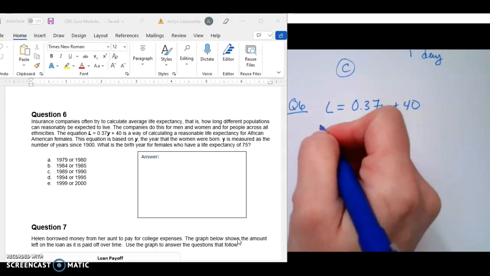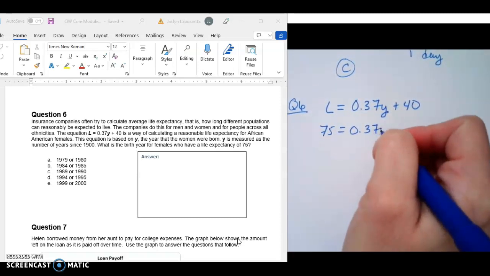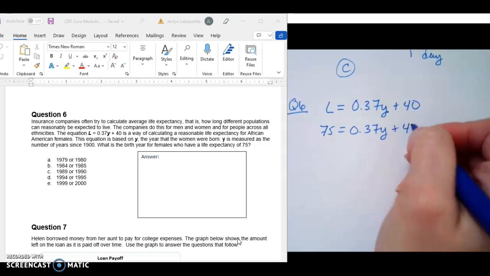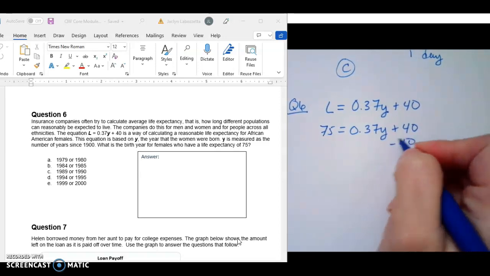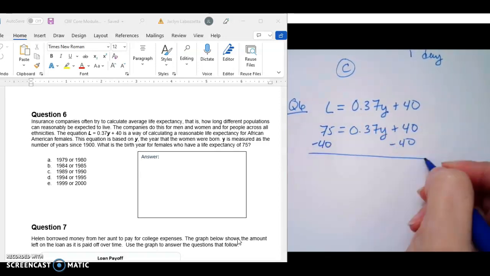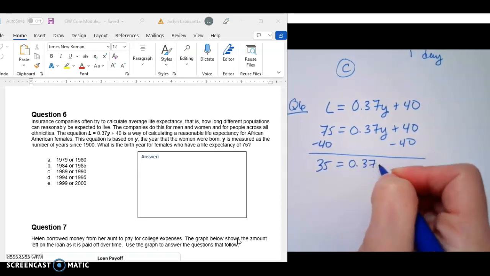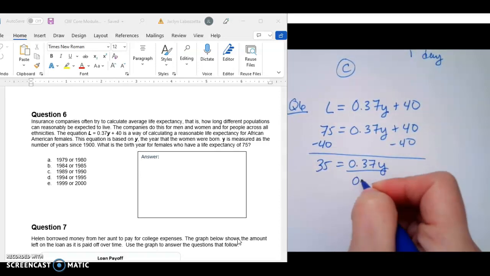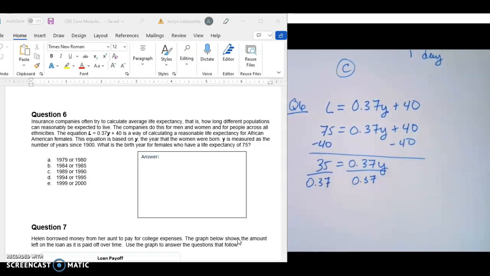So we're replacing the life expectancy L with 75 and solving for Y. So here, solving for Y, first thing we want to do is subtract 40. So 35 equals 0.37y, and then we're dividing both sides by 0.37. This will give us our Y.